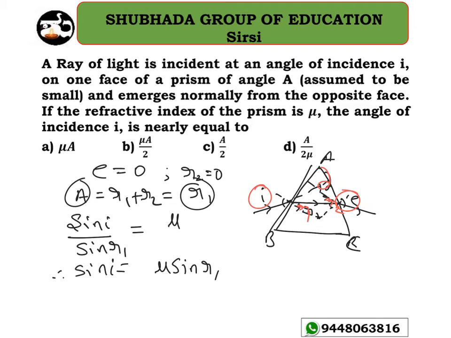Clear? Is this clear to everyone? So for small angles, sine i equals mu into sine A, and as you know sine A is nearly equal to A. So therefore i equal to mu into A. Option A is the right answer.